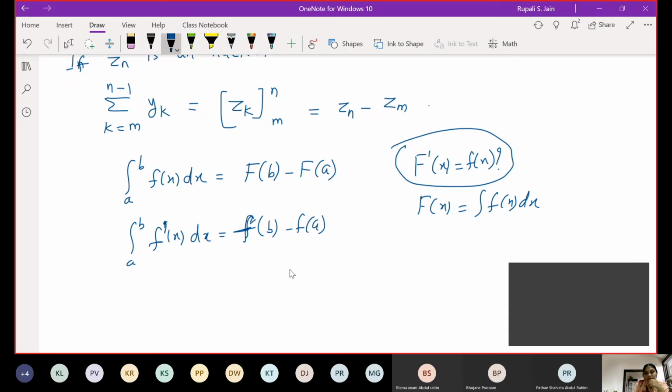So is this and this the same? This is an indefinite integral, na? Capital F is the indefinite integral of small f. Right?